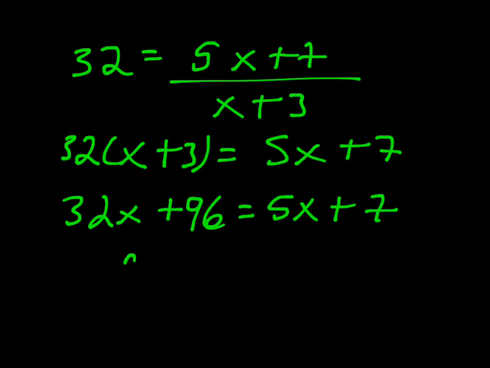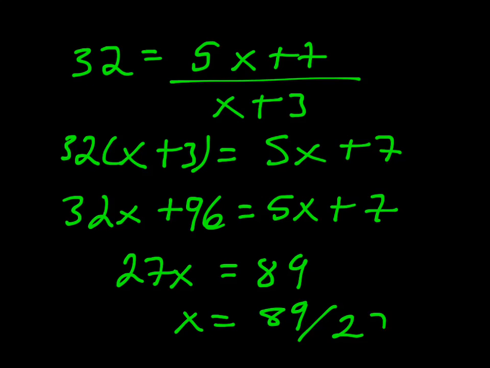So that's going to be 27x is equal to 89, or x is equal to 89 over 27. Actually, negative 89.